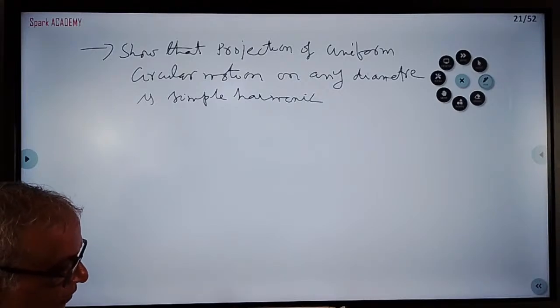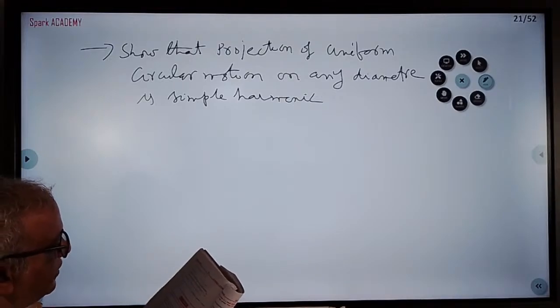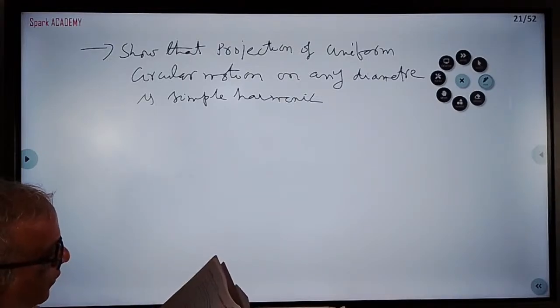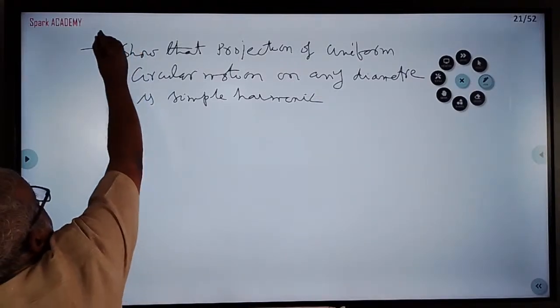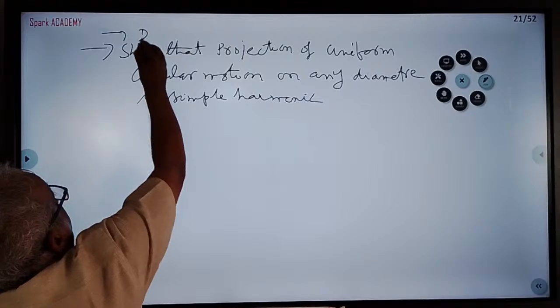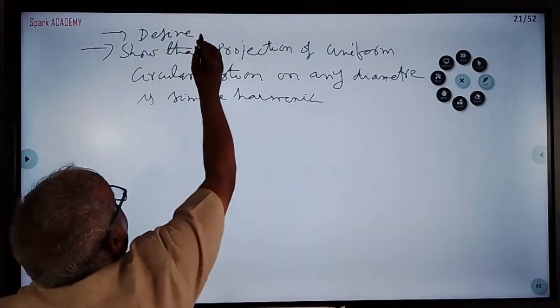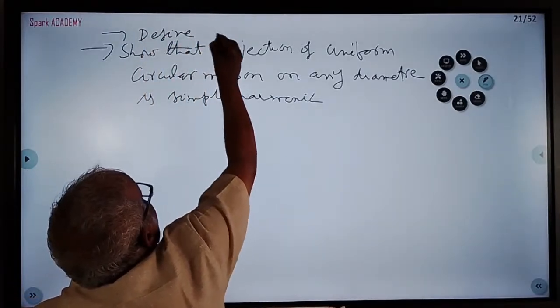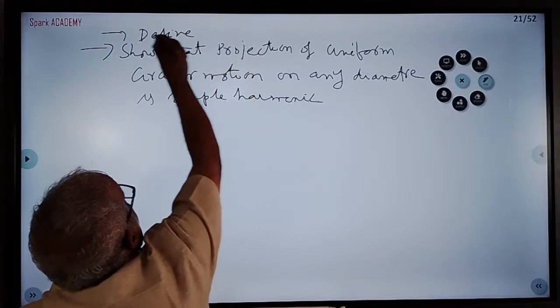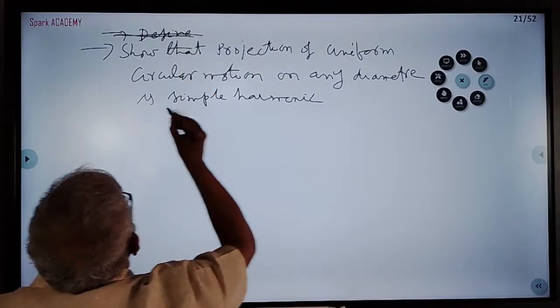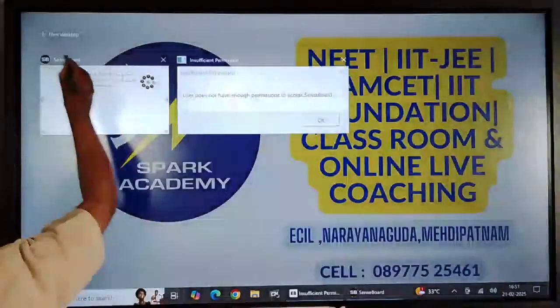For this, they are also asking the definition. Along with show that projection, one more thing is given: define simple harmonic motion. So I am writing this part here.